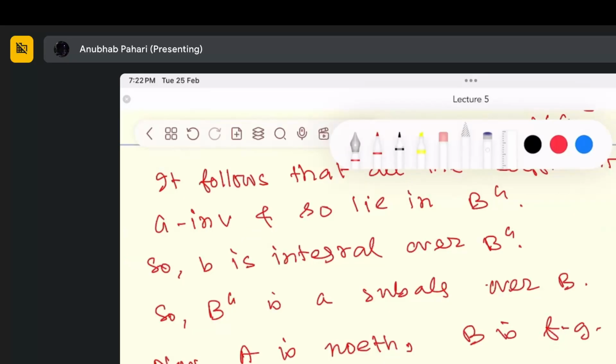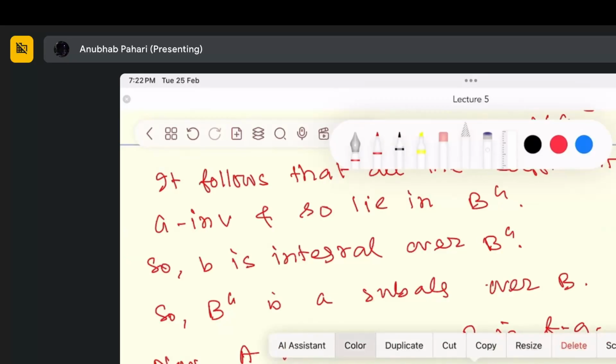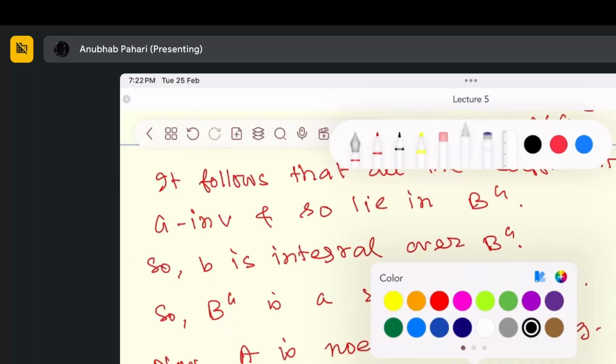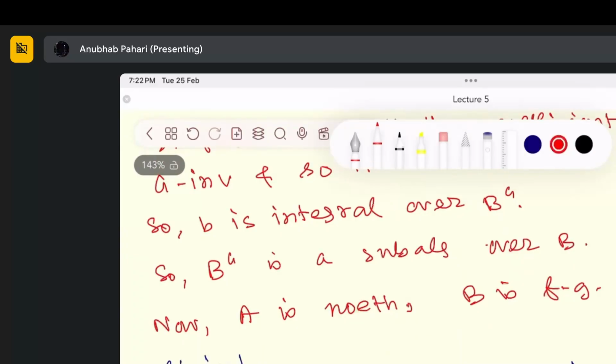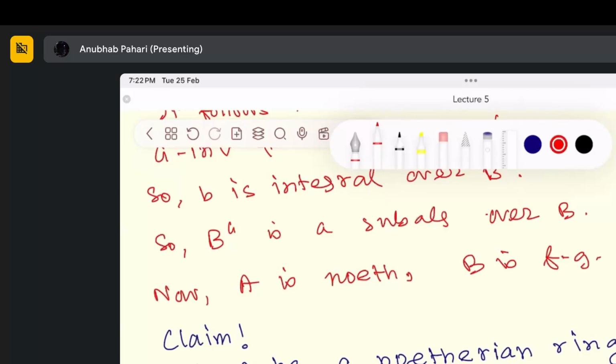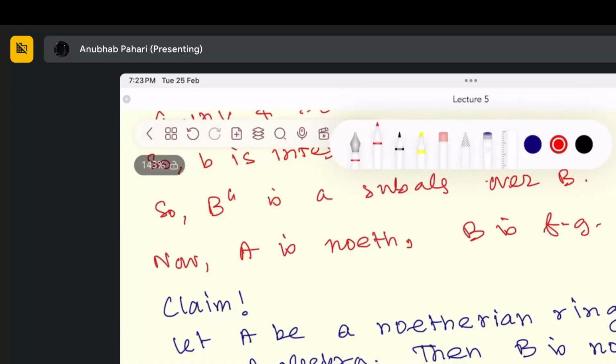So let me recolor this thing. Then using this, any A sub-algebra is finitely generated, hence B^G is a finitely generated A algebra.